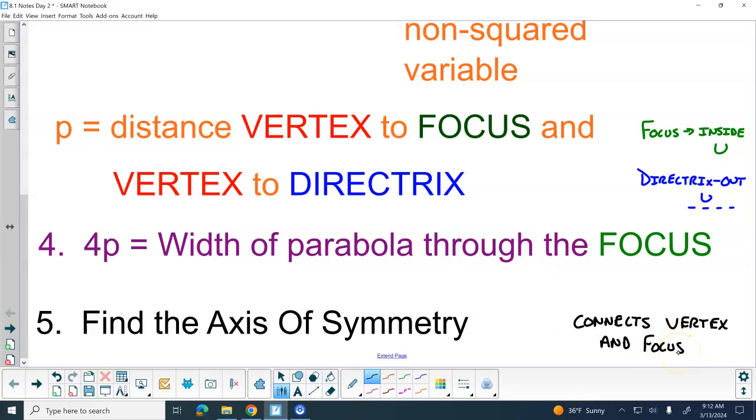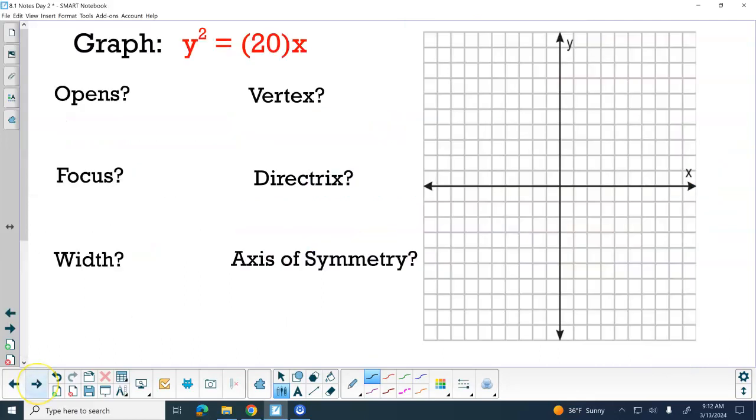Okay? So we've planned our work. Now let's work our plan. Here is our first one. Your first graph that we are going to do on our graph paper. y squared equals 20x. Step number 1 from Monday said we need to figure out which way this parabola opens.